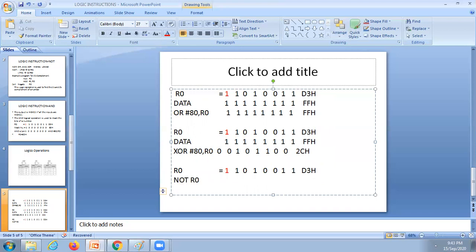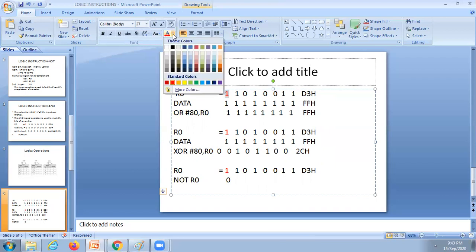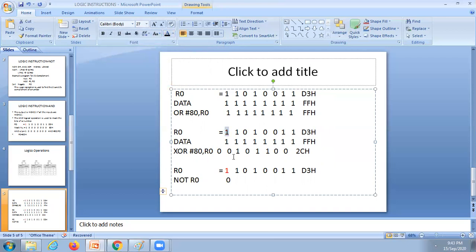So what you will get: wherever you have 1 as input, the output is 0.